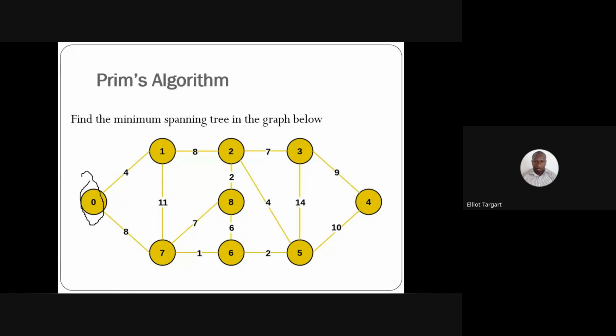So we will take 1. Then from 1 we look at 2 and 7, the smallest one. So we move to the 2, which is 8.